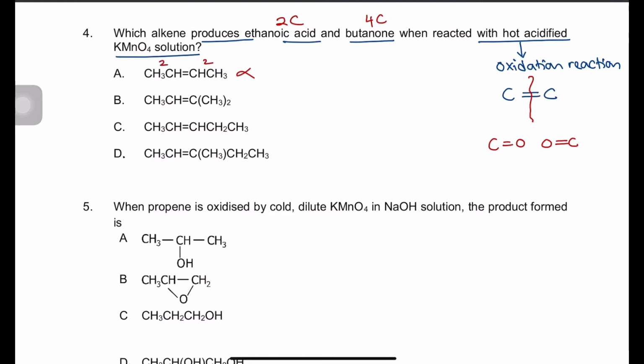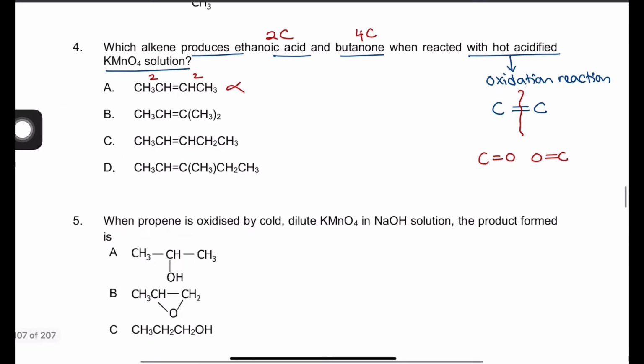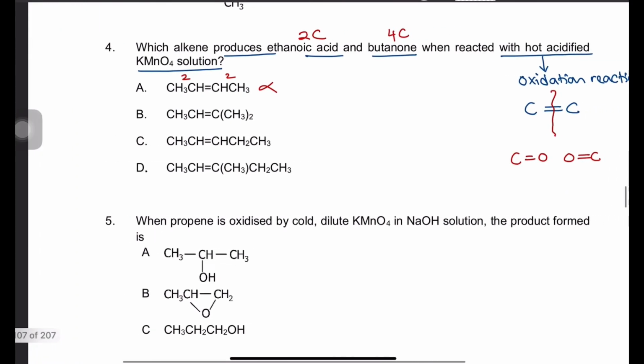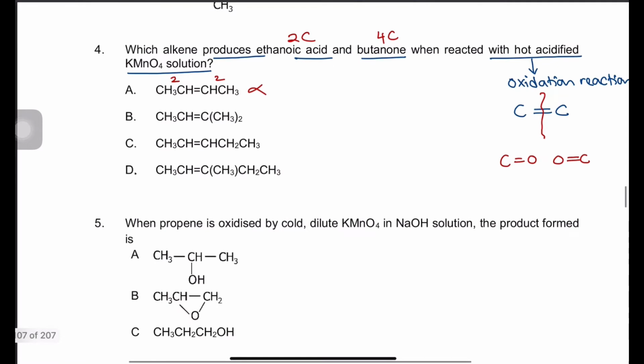So that is not going to be our answer. How about the second one over here? We have 2 carbons on the left and 3 carbons on the right. Impossible also.